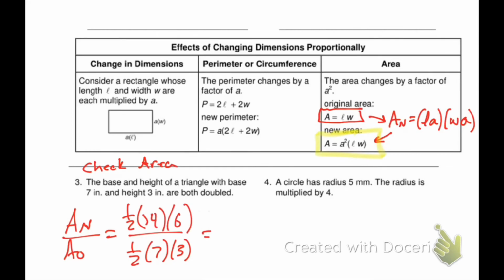Well, that is going to give you 84 over 21 times 1/2 times 1/2. Those cancel out. 84 divided by 21 gives me 4. So you get the same thing. I could have done 84 divided by 2, 21 divided by 2, but I didn't want that decimal, so that's how you could do it that way.